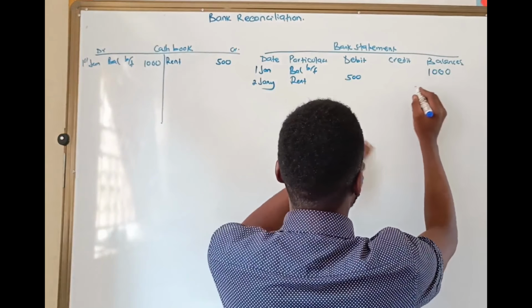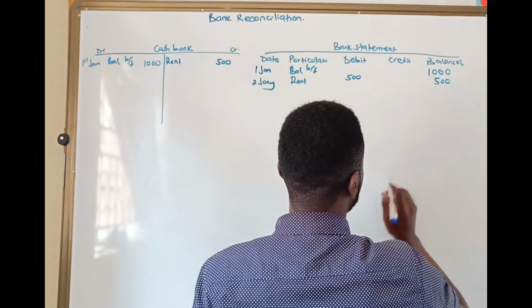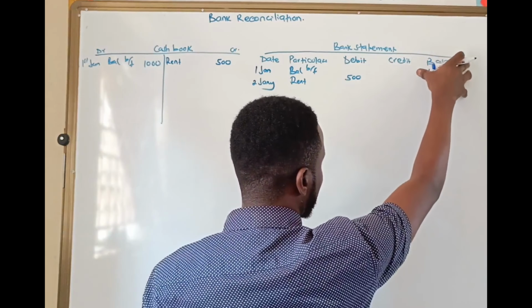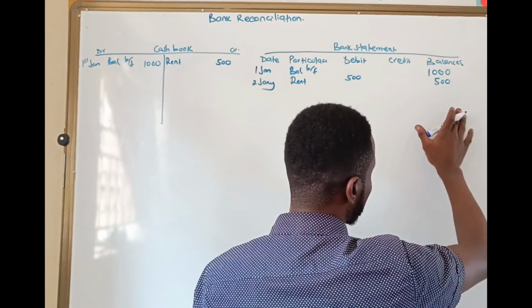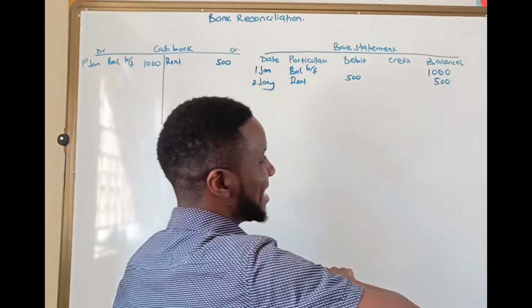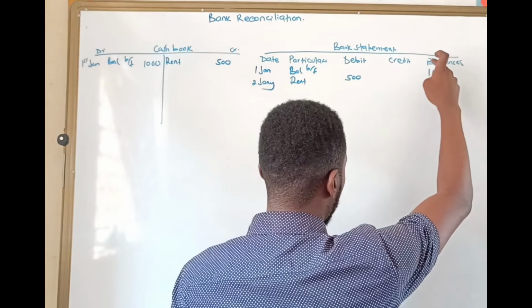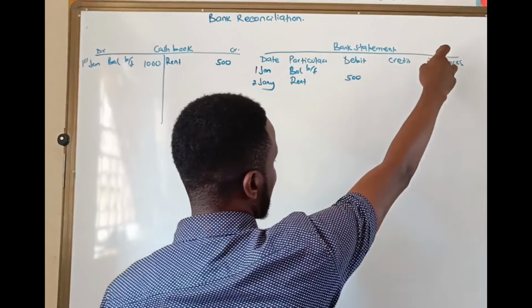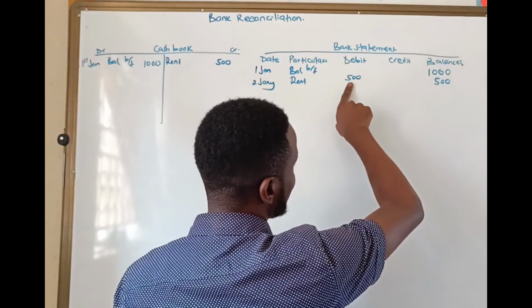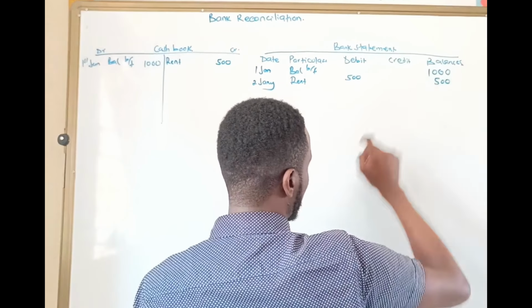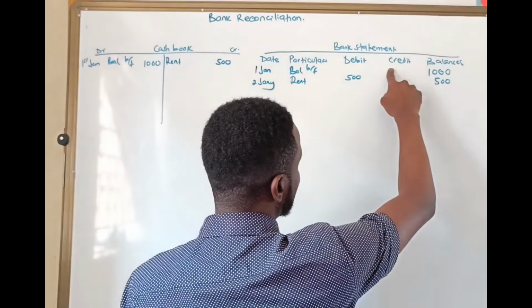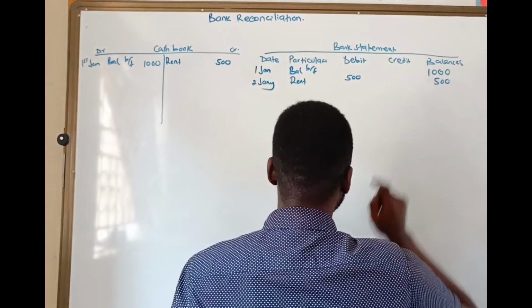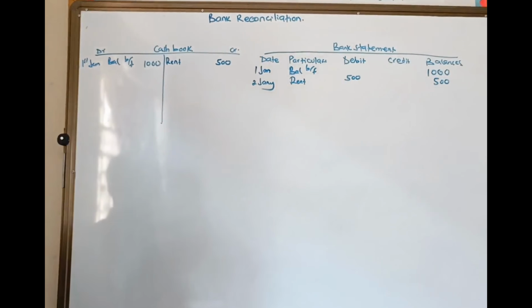Then we shall have our balance here as 500. Remember, when it comes to the balance section, it is accumulative. For example, remember this was our balance. Since we are being debited here, it's going to reduce to 500. If it was an increase and it was on the credit, it was going to increase this amount. Let us take that as an example.